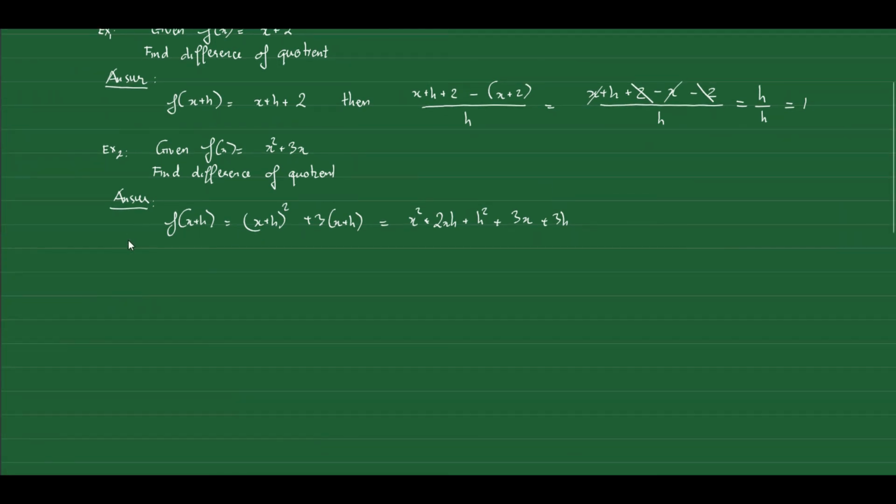Then our difference of quotient will be x squared plus 2xh plus h squared plus 3x plus 3h minus f of x. It means minus this, over h.